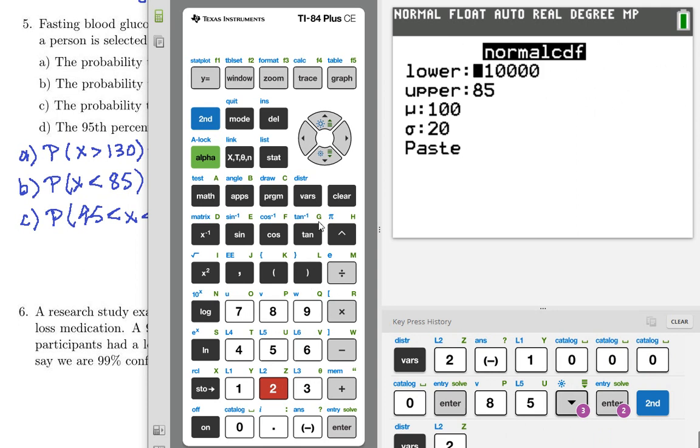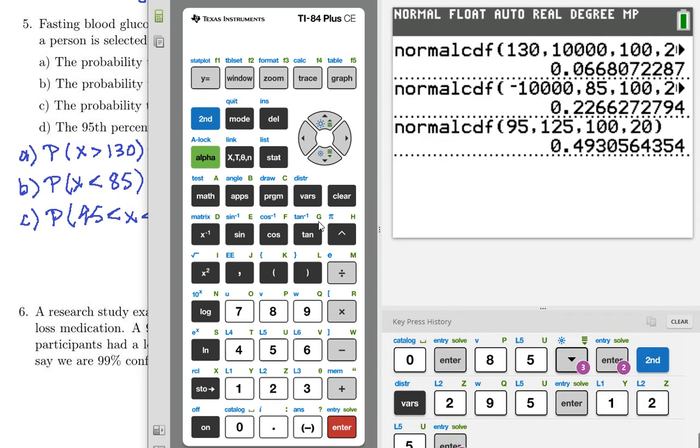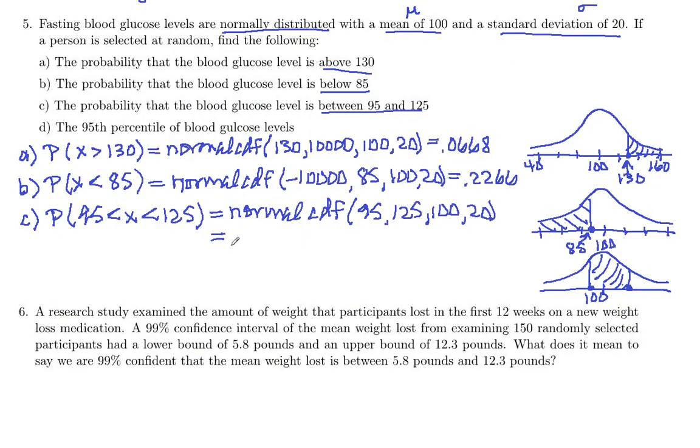So let's see, 95 and then 125. Everything else is the same. 0.4931. So 49.31% chance.